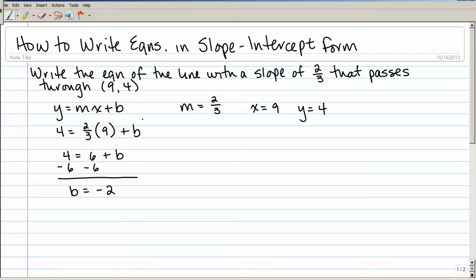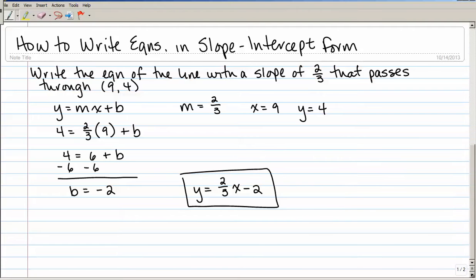Now I'm going to plug that back into y equals mx plus b and get my final answer of y equals 2/3 x minus 2, because 2/3 is my slope and -2 is my y-intercept.